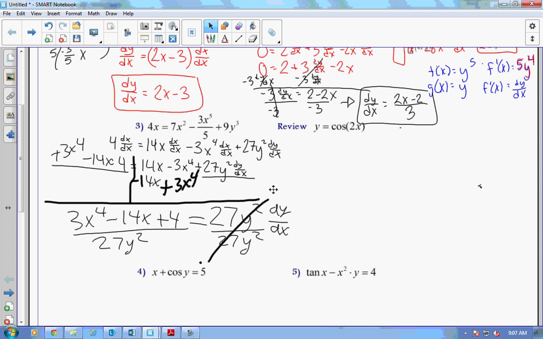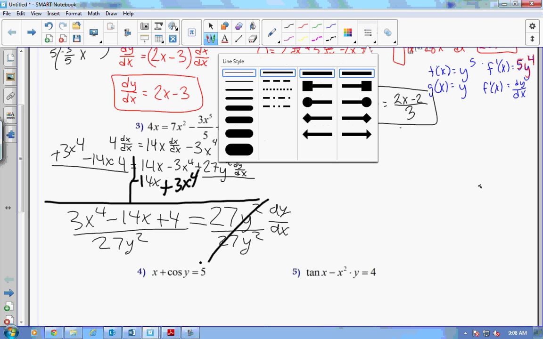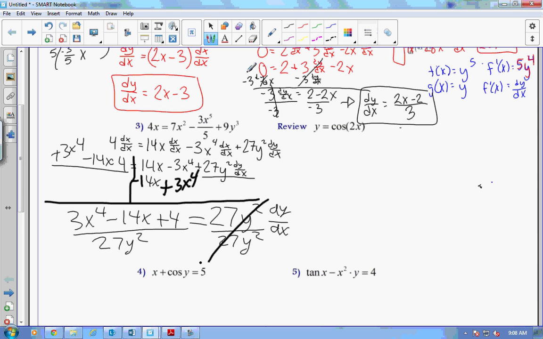The review problem, to find the derivative of cosine 2x, what rule do we have to apply to that? Chain rule. So hopefully you're getting more and more comfortable recognizing that this is a function within a function. So f was cosine x, g was 2x, right? So what's the derivative of cosine?